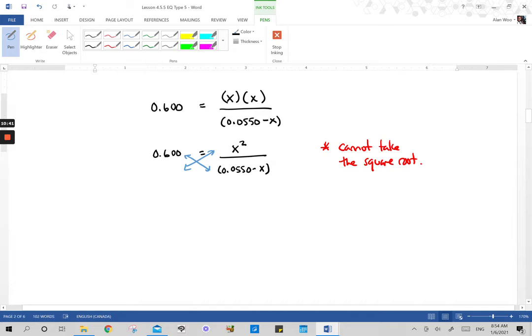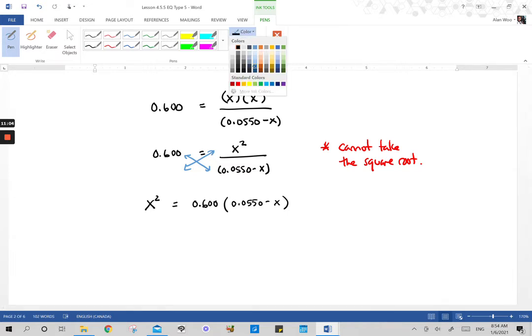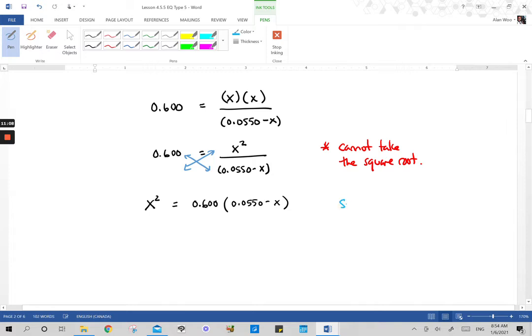So that means x squared ends up being equal to 0.600 times 0.0550 minus x. Okay, so at this point here, we want to set up the quadratic equation.